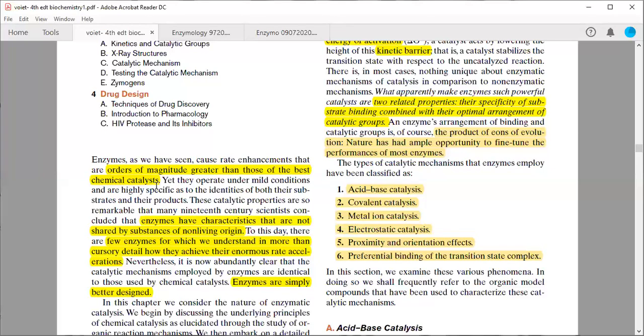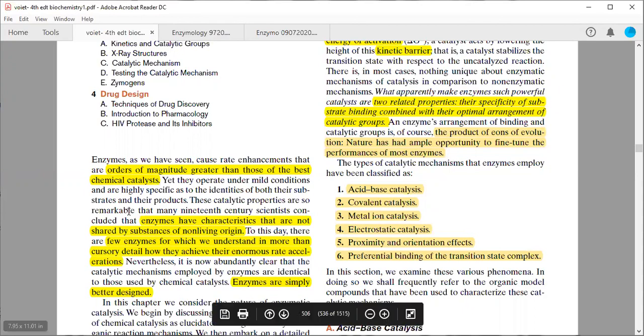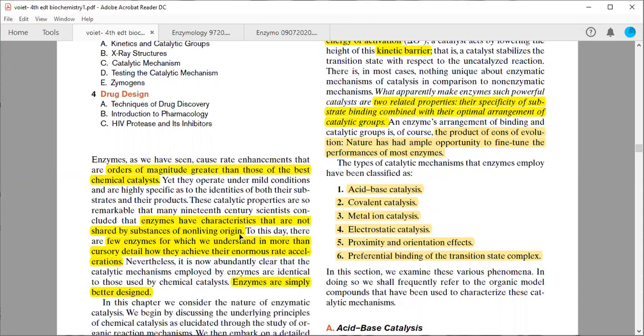A question should come into our mind: general chemical catalysts also have the same strategy, they also increase the rate of reactions. But what is so special in an enzyme or a biocatalyst that it is always better than a chemical catalyst? The answer is that enzymes have characteristics that are not shared by substances of non-living origin.